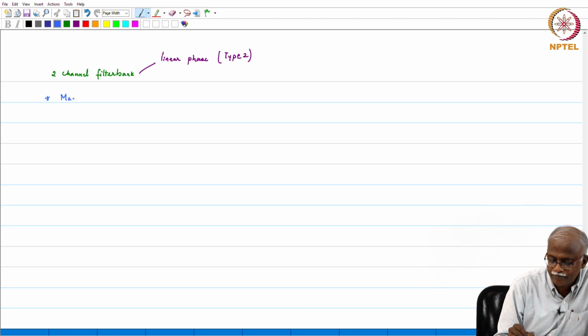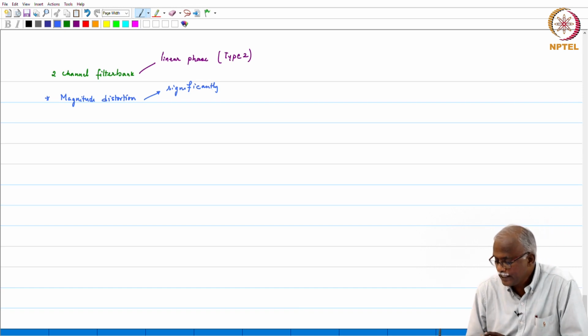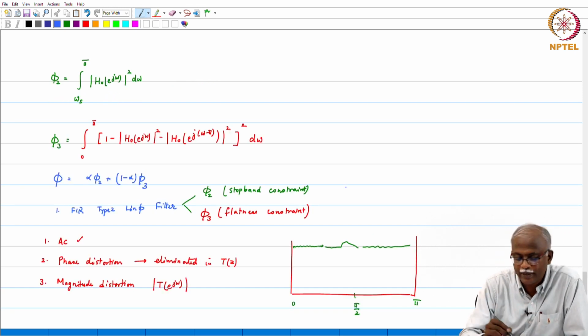magnitude distortion has been significantly reduced, but not eliminated, because we have to still satisfy the flatness constraint, and the flatness constraint is only approximately satisfied.